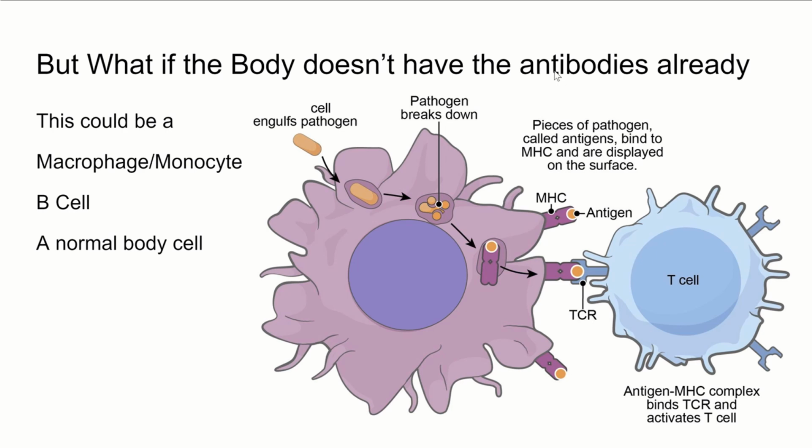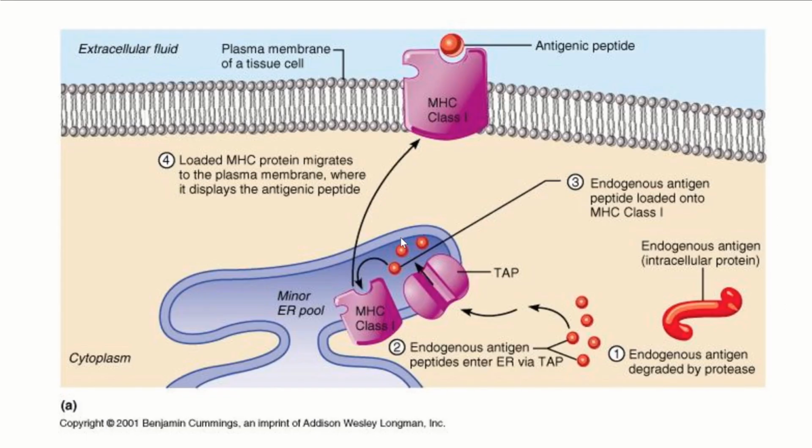But the thing I want you to remember is that there are different types of MHC. There are two different versions of MHC. There's MHC class 1 and MHC class 2.